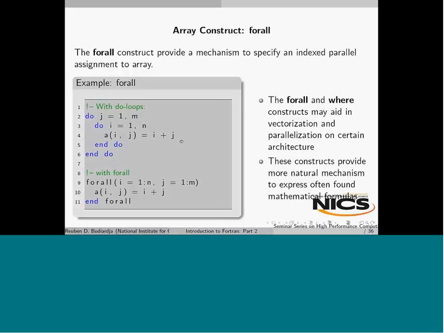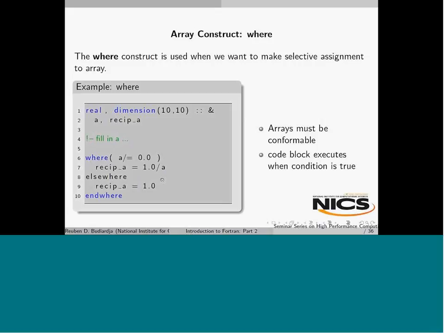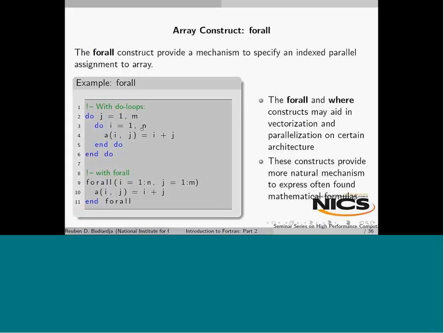But forall and where tell the compiler exactly what you want to do, and it can exploit the architecture, the association and parallelism. In fact, these two constructs come from where Fortran was used on the vector machine. If any of you worked with the earlier Cray machine as a vector machine, you can execute this in basically one instruction.